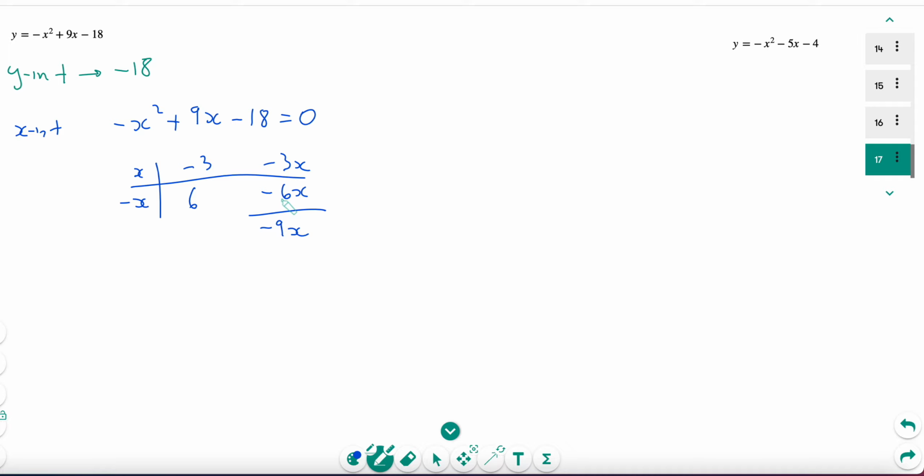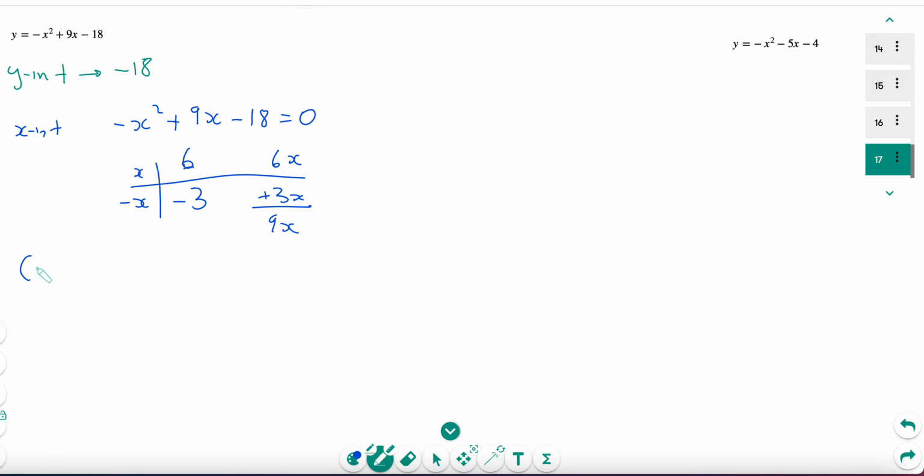So no. All right, let's try something else. Let's try 6 and negative 3. 6 times negative 3 is negative 18. 6 times x is 6x. Negative x times negative 3 is positive 3x. 9x. Perfect. And that matches the middle term.